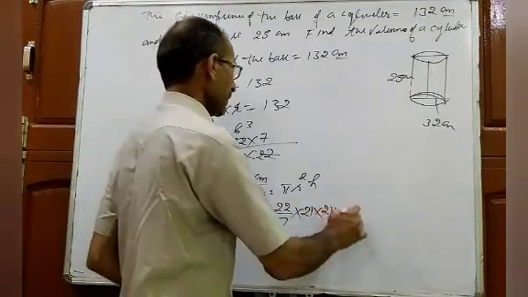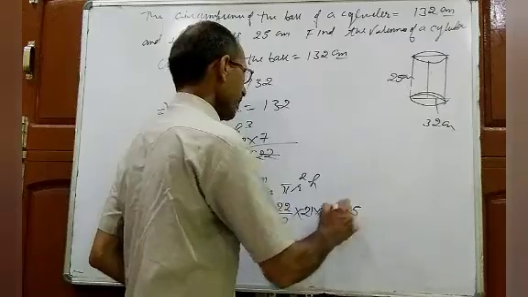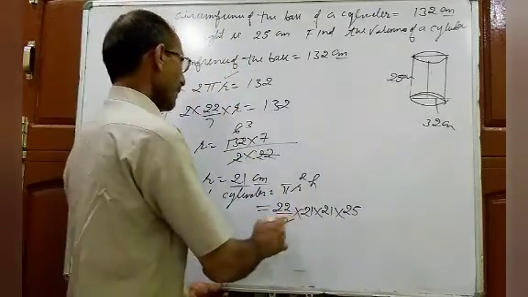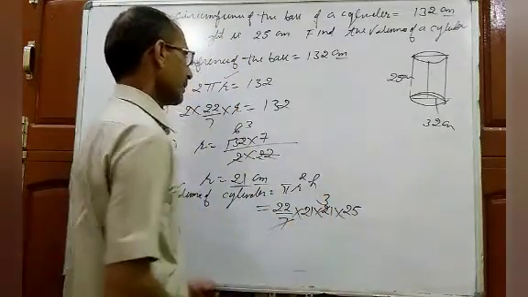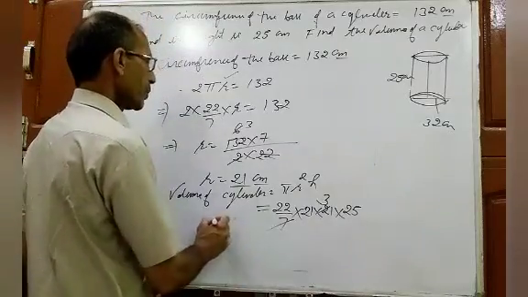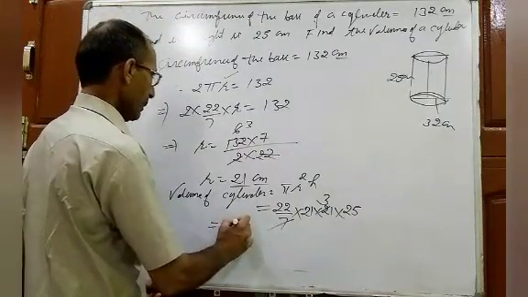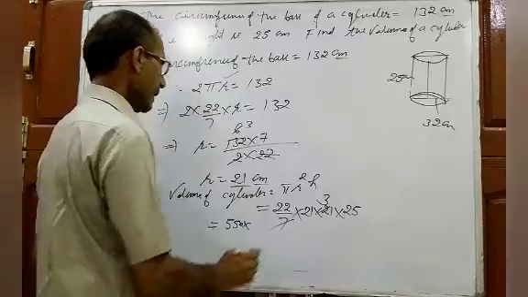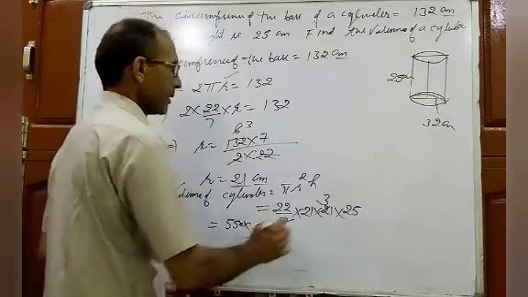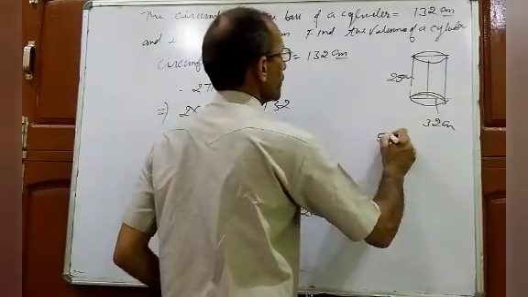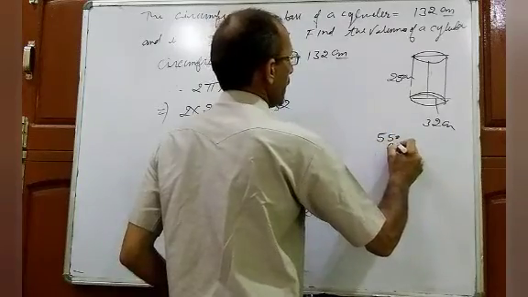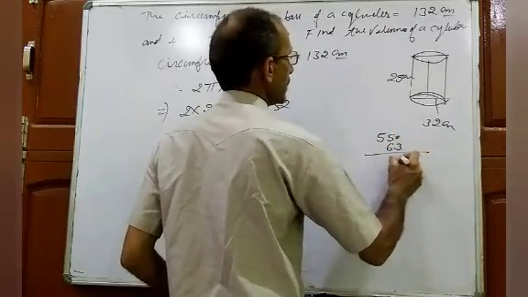The height is 25. So 7 threes are 21. So 550 multiplied by 63.